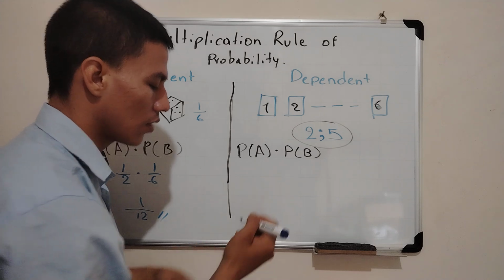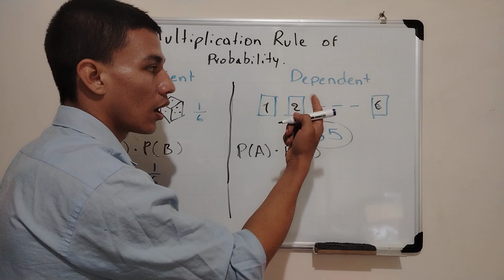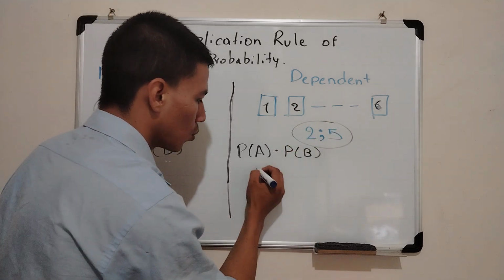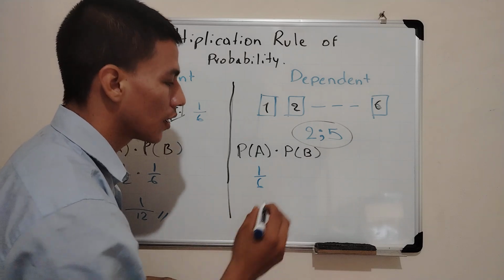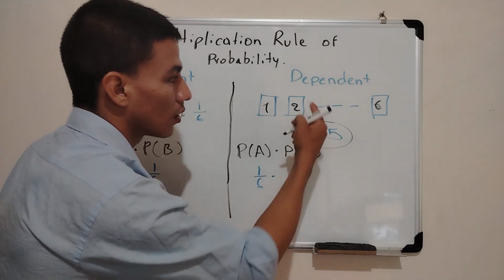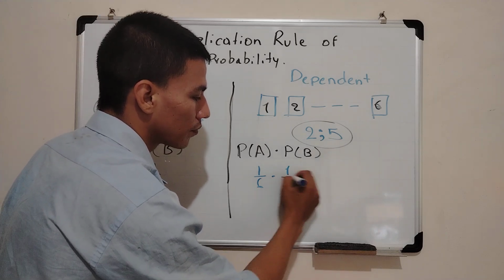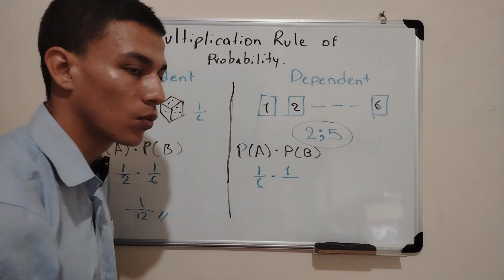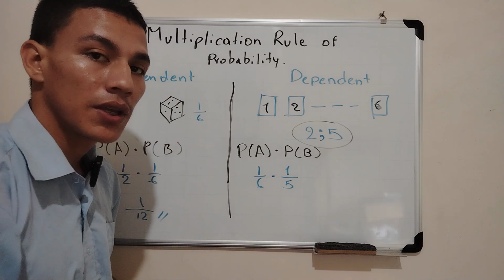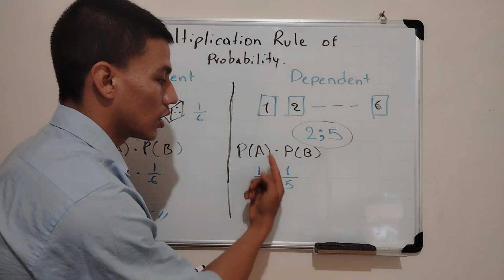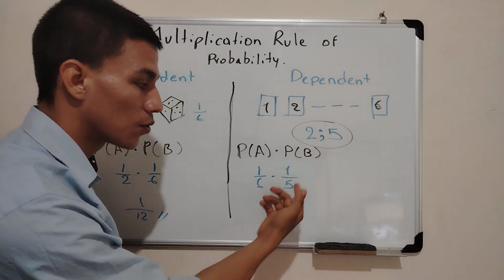Let's do it here. What is the possibility of getting one card? It's 1 out of 6, represented as 1/6, times the possibility of getting another card. That would be another 1 out of what? Out of 5, because you have already drawn the first card, and you draw the second one.